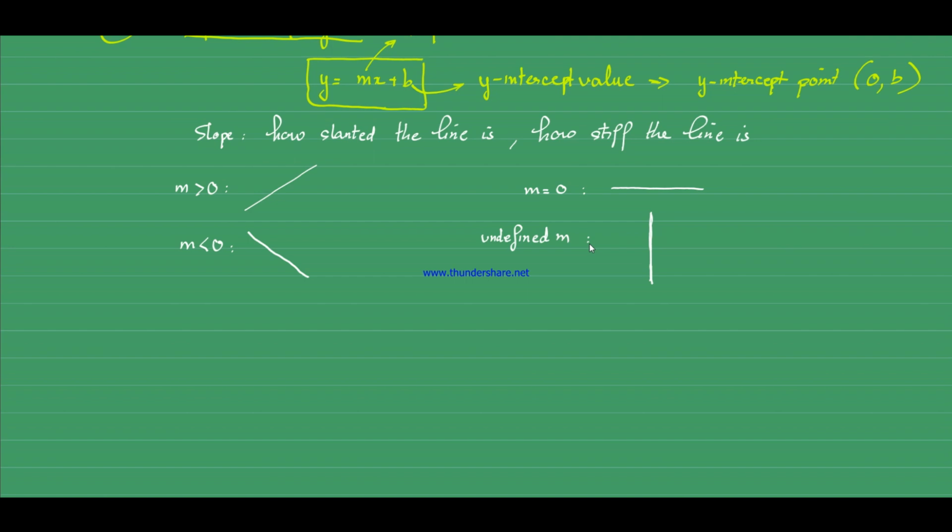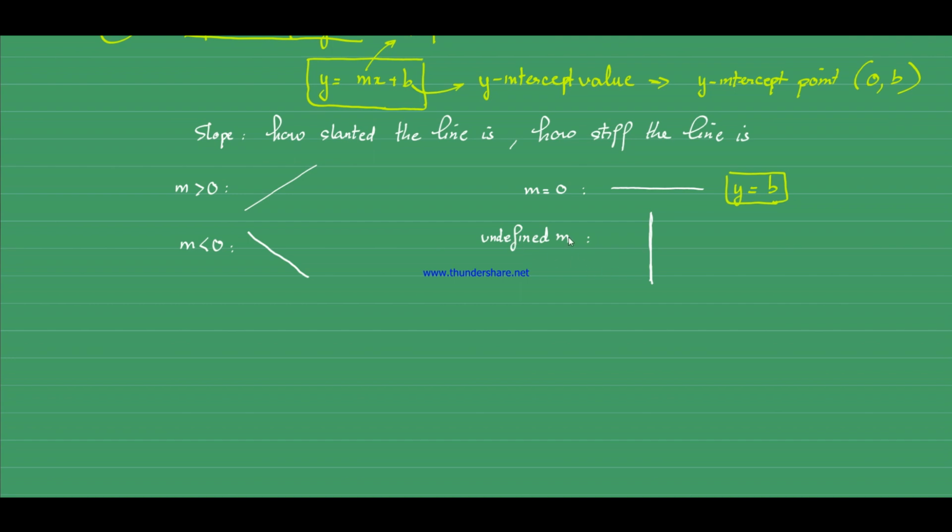All right. Now for the slope equals 0, think about that. If you replace the m with 0, then 0 times x is just 0. So what we have left is just y equals b. So if the slope is 0, the horizontal line has equation y equals b.